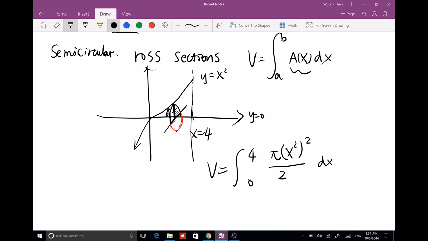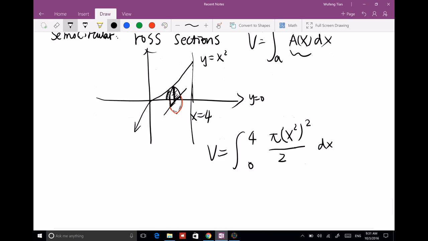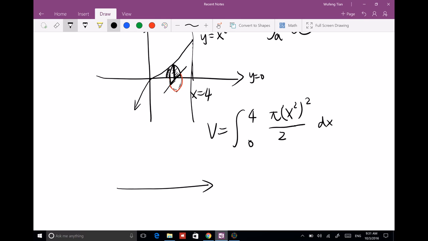If you use x squared, it means the cross section is a square, every part is a square. A semicircle is pi r squared over 2. Okay, so that's how you do the last one.